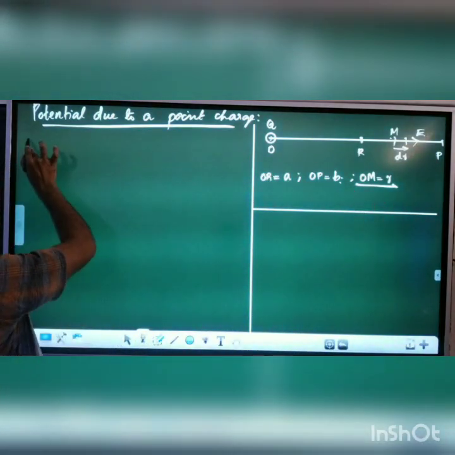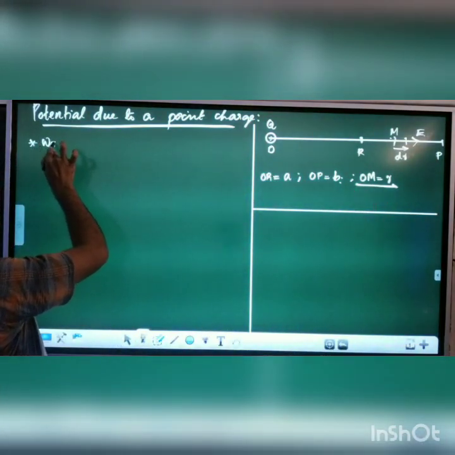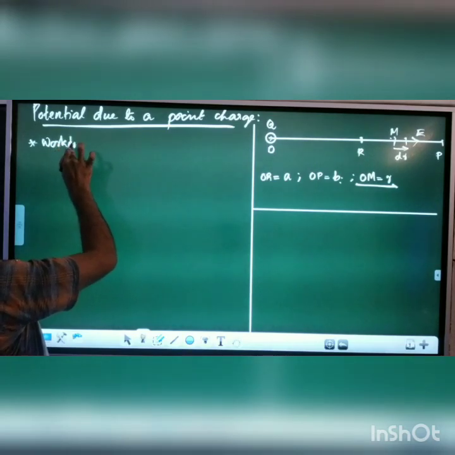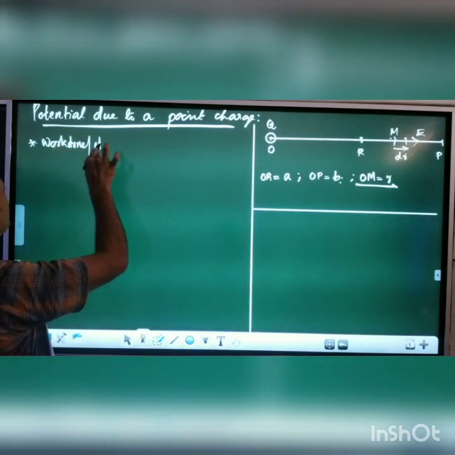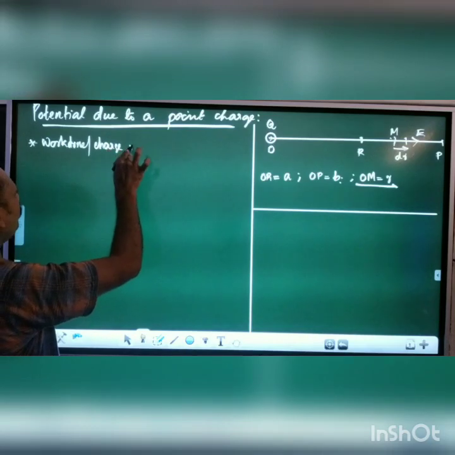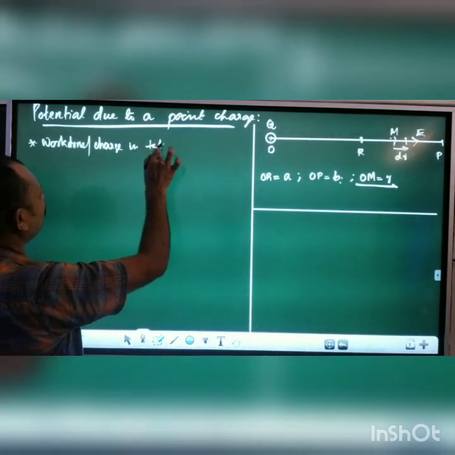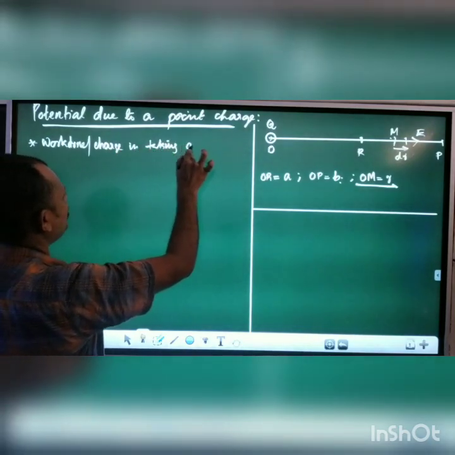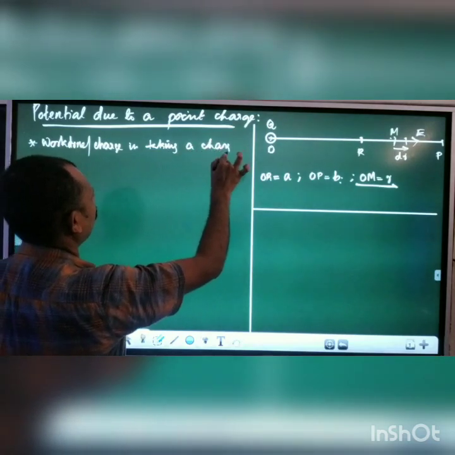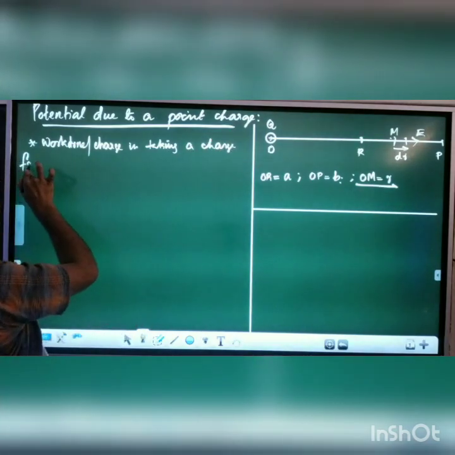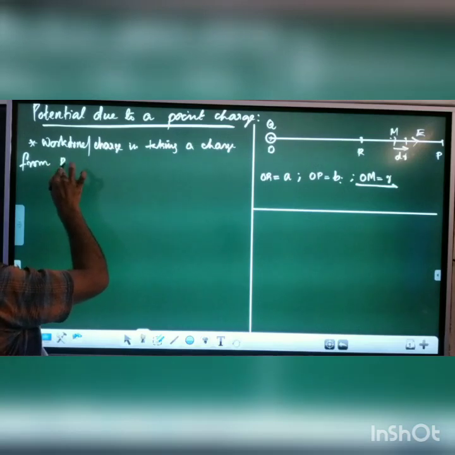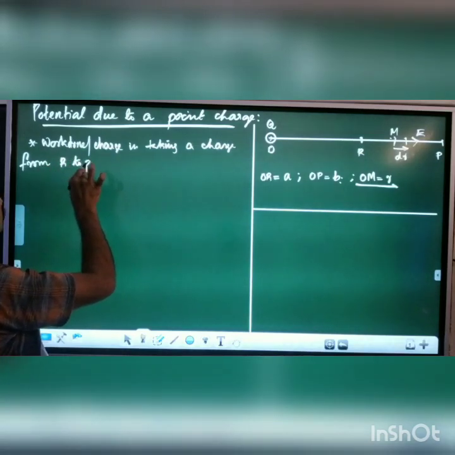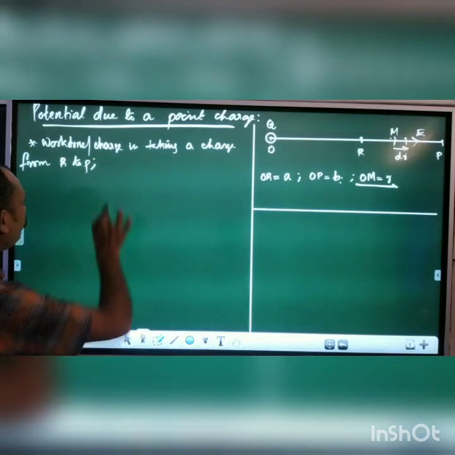Now we are going to consider the work done per unit charge in taking a charge from R to P. What is the statement we are learning for that?